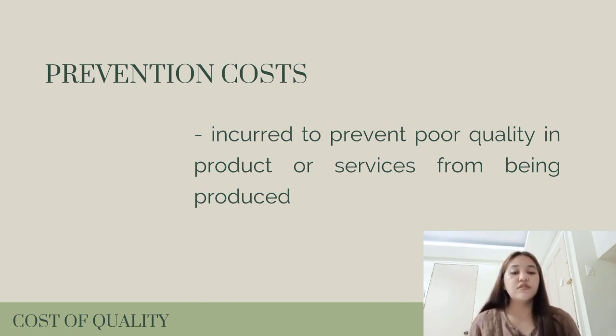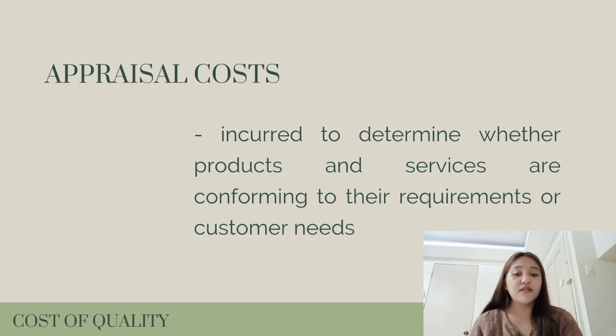This cost includes a wide range of tasks like planning for quality improvement, process evaluations, and product reviews. A quality control specialist's salary and benefits, new equipment purchases, and staff training may all be included as part of the overall preventative expenses.